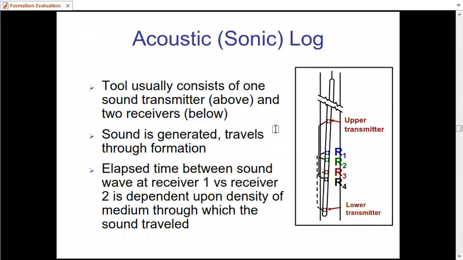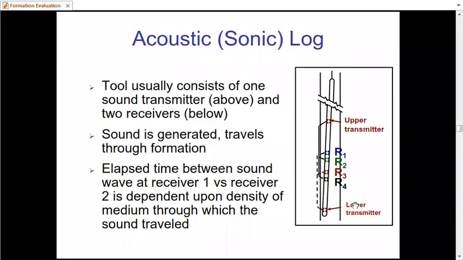The acoustic sonic log tool usually consists of one sound transmitter above and two receivers below. The sound is generated and travels through the formation, and the elapsed time between the sound wave at the first receiver versus the second receiver is dependent upon the density of the medium through which the sound traveled.